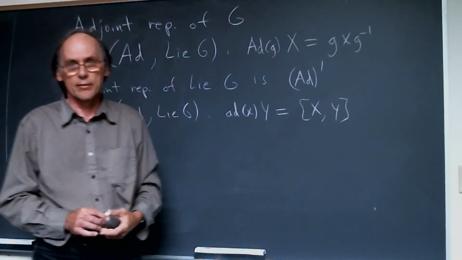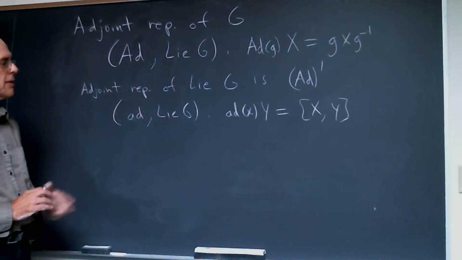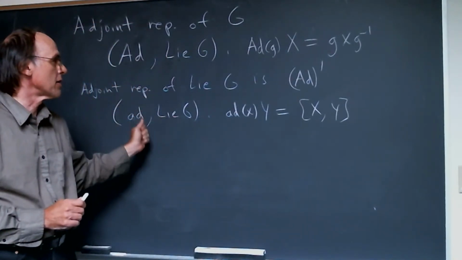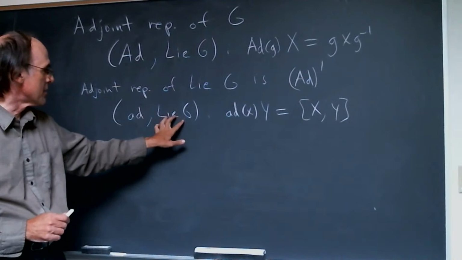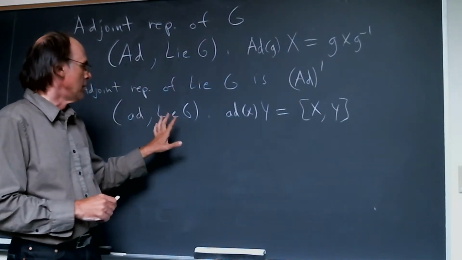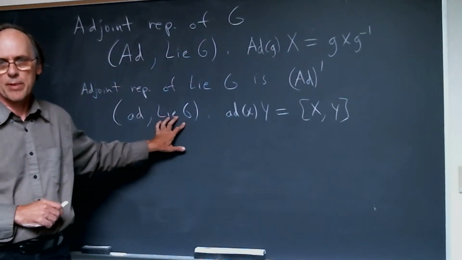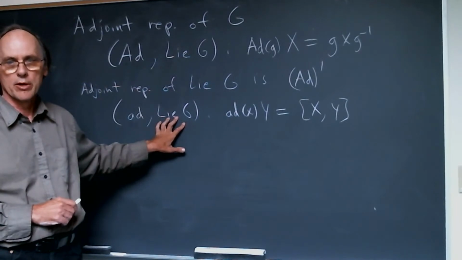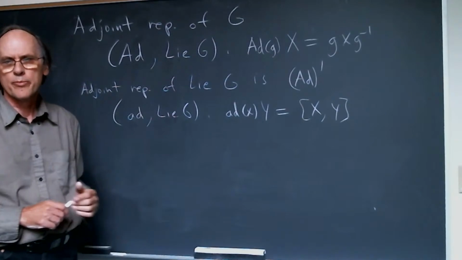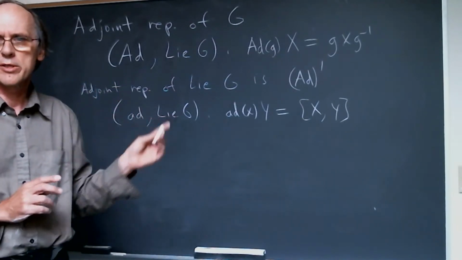And then just one caveat to watch out for: this is a real vector space, and you really want to complexify and turn it into a complex vector space in order to apply our general theory. But we'll talk more about that when it becomes important. So this is the abstract nonsense from last time. Are there any questions about any of this?